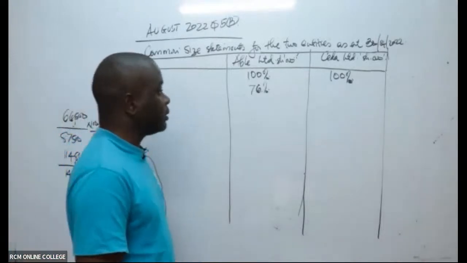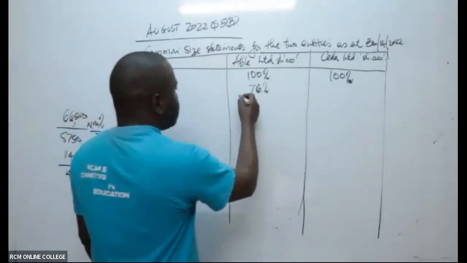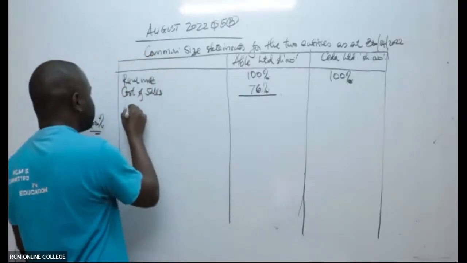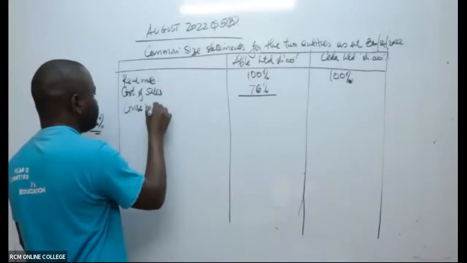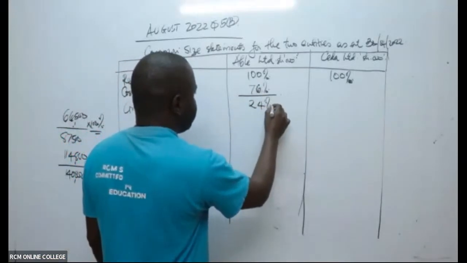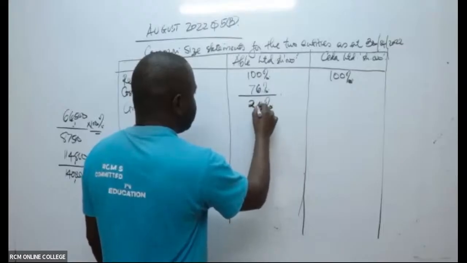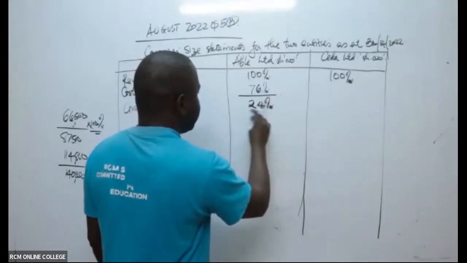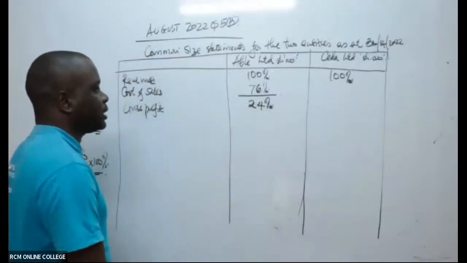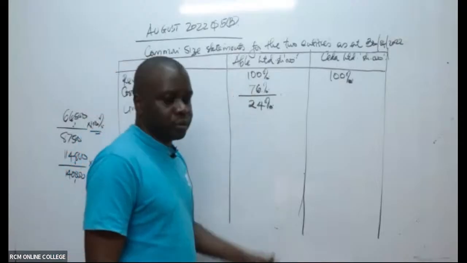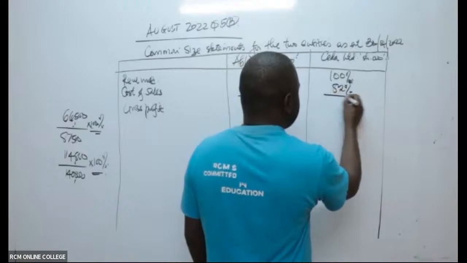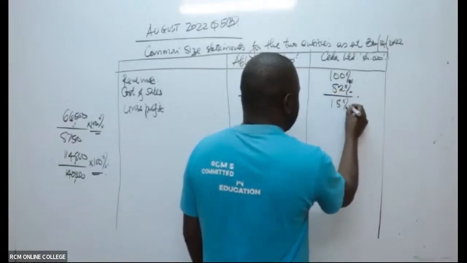So what are you getting? This will obviously give us the gross profit. If you get the difference here, it is 24%. Even if you do the same computation for the gross profit as a percentage of 100 sales, you'll still get 24%. So this one is 82%, so that comes to 18%.